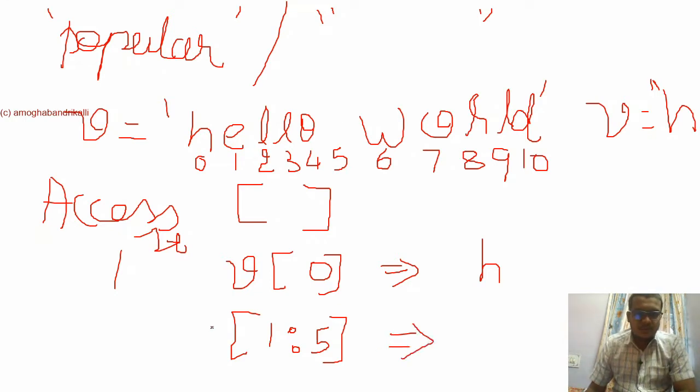You need to have indexing. This is a starting point and this is an ending point for the variable v.